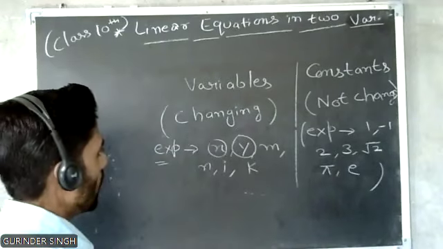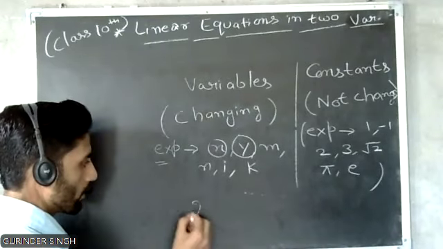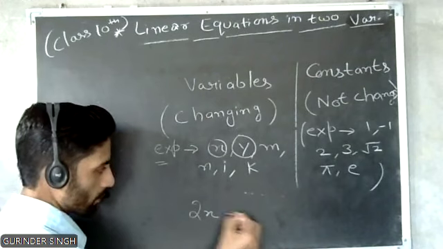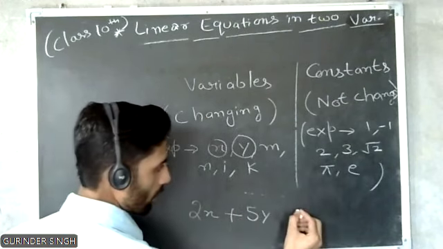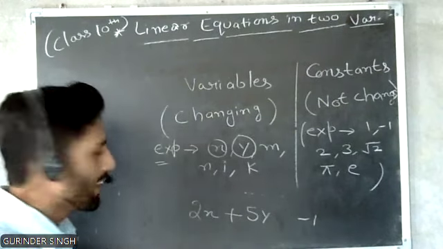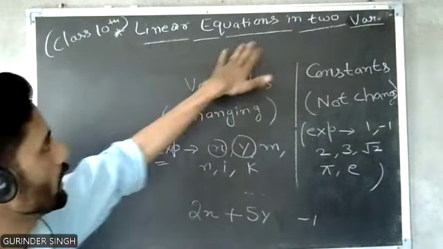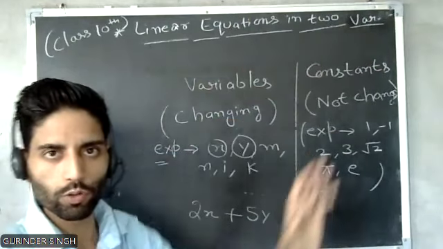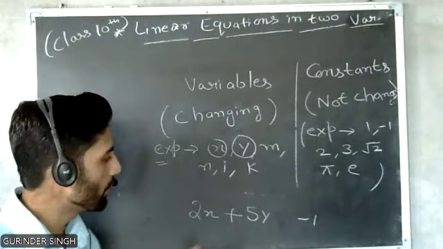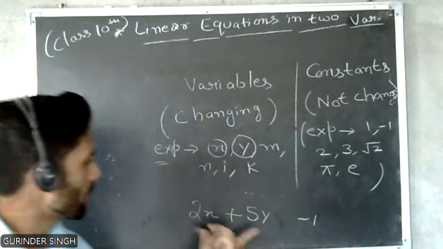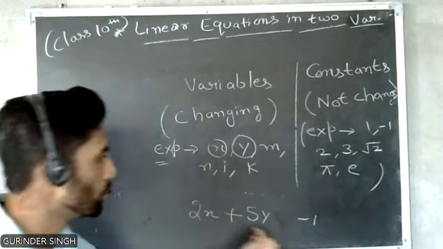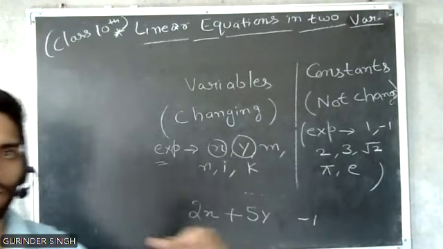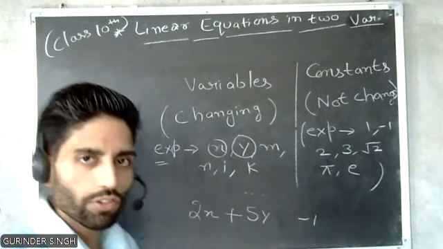It means if I write 2x plus 5y, and here I'm writing -1, is it a linear equation in two variables? That's my question. Yes or no? Because there are two variables, x and y, and there are some constants, 2, 5, and -1.